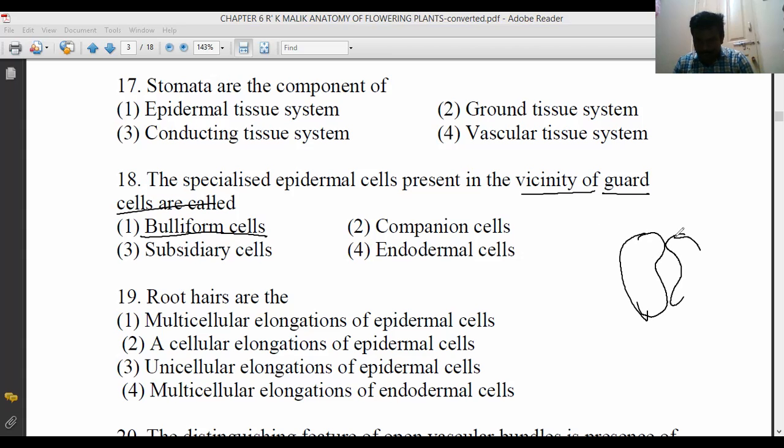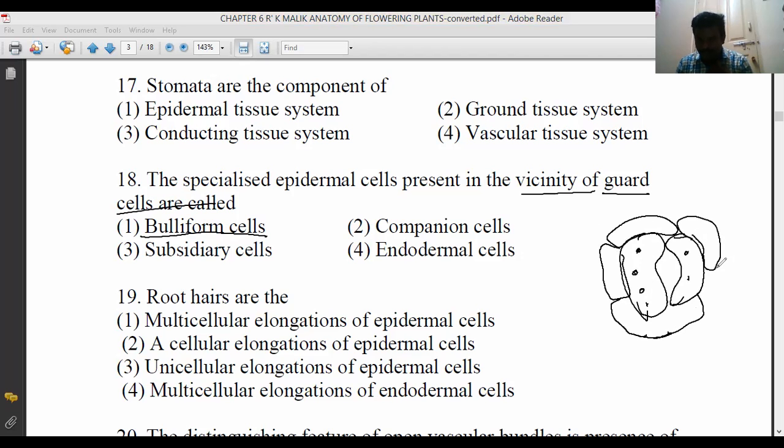Here, chloroplasts are commonly present in the guard cells. The cells in the vicinity of the guard cells, the neighborhood of the guard cells, are called subsidiary cells.